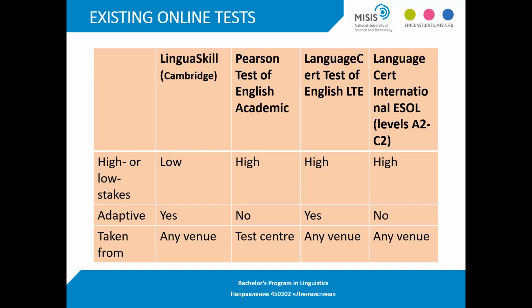LinguaSkill is first of all for, for example, students who are already learning English and they need to be tested in terms of their progress, for example, or in companies. Companies are using that with their employees quite a lot. It is adaptive.